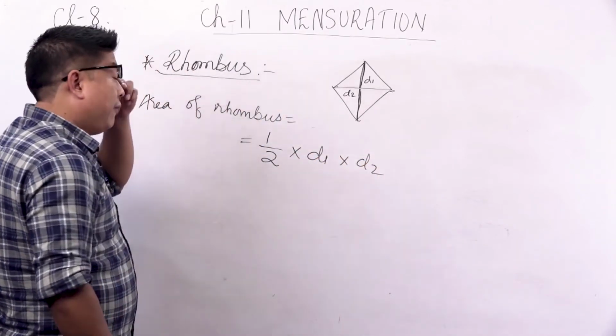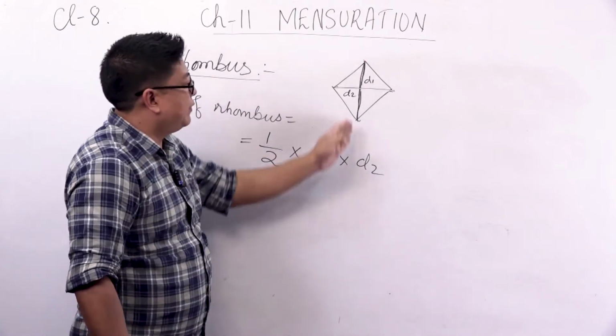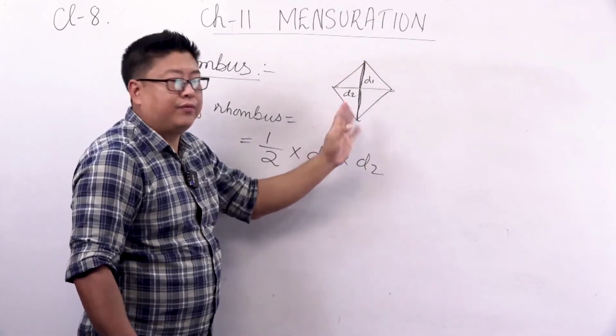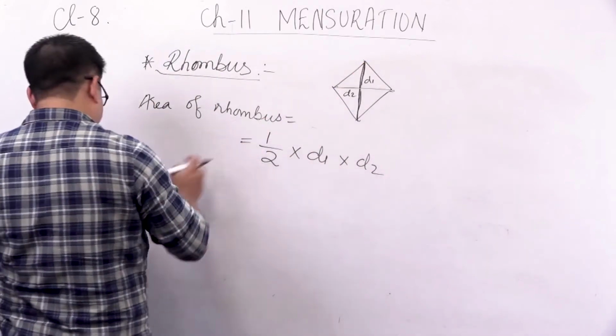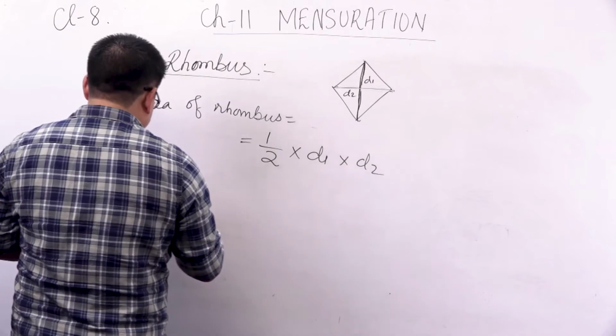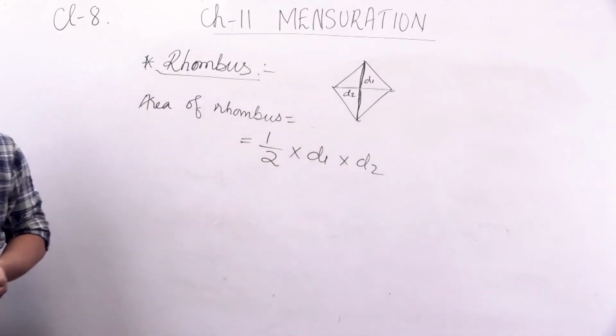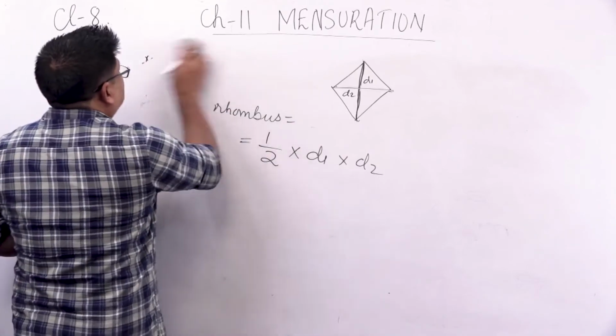That means half into length of the diagonals. Okay, two diagonals are there, so length of these two diagonals multiplied by half. This will give you the area of a rhombus.